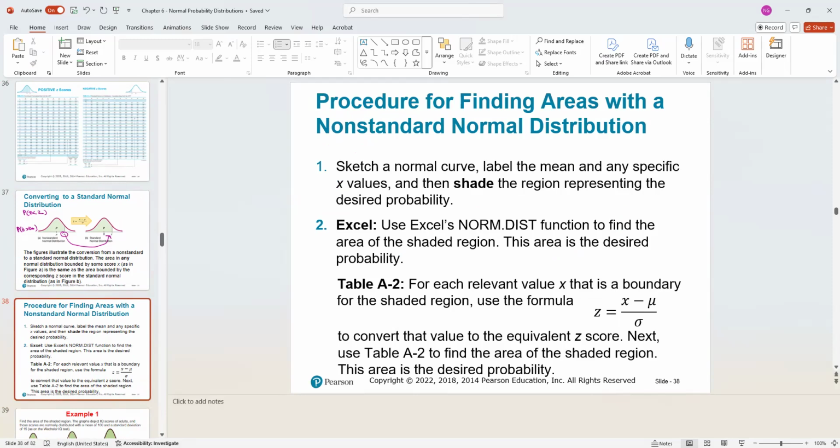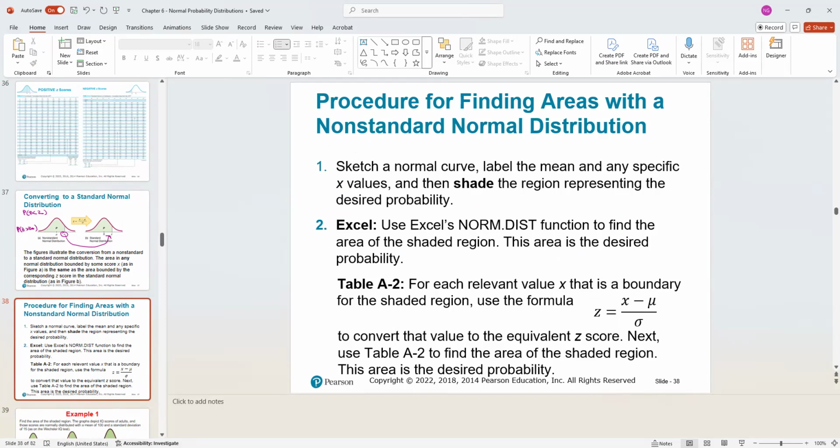Procedure for finding areas with a non-standard normal distribution. You need to sketch a normal curve, label the mean and any specific x values, and then shade the corresponding area. If you use Excel, don't forget its NORM.DIST function to find the area of the shaded region. This area is the desired probability.